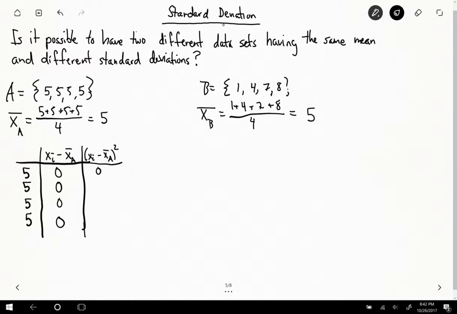And in that case you still get 0, 0, 0, 0. And then afterwards we find the sum. So the sum of all these is 0.